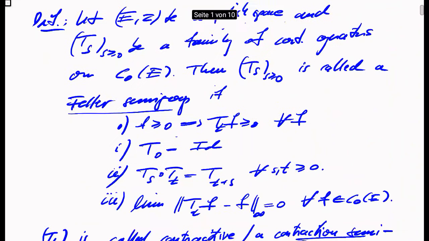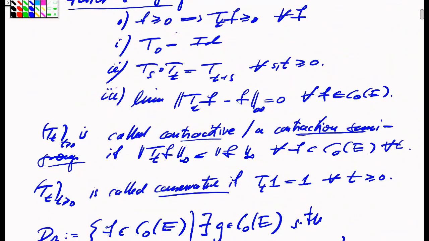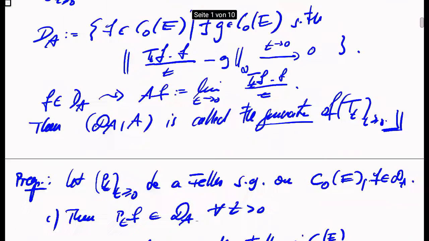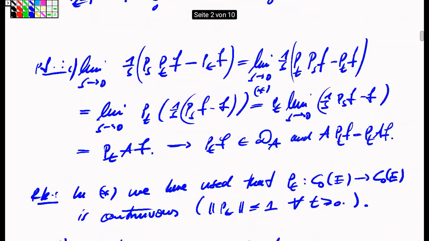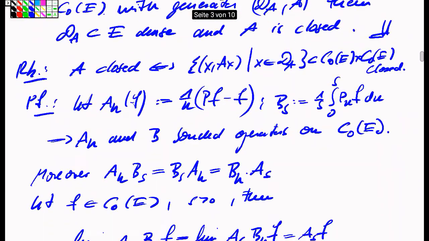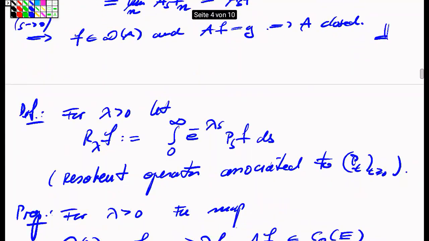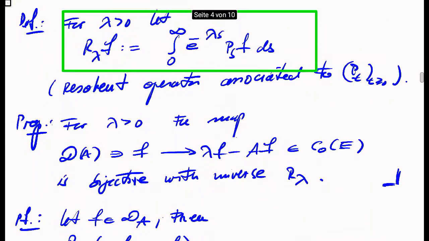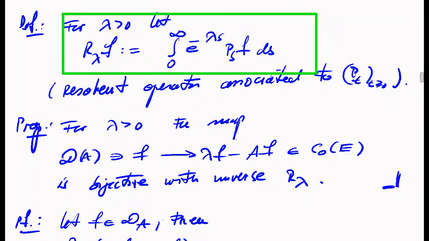For this purpose, we were investigating some mapping properties of the generator of a Feller process in the general case, and as a highlight theoretical result of today's session, we had this relation between the resolvent, which is the Laplace transform of the semigroup for a given parameter, and the inverse of the operation that takes an element from function space into this linear combination of identity and the operator A itself, provided the function is in the domain of the generator.